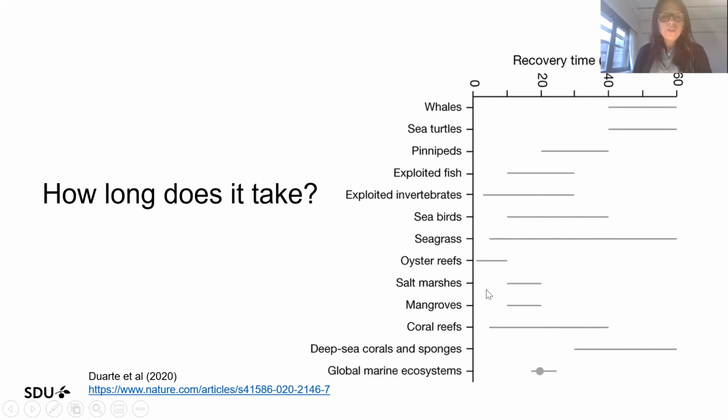Salt marshes grow fast, on the scale of 20 years, but until they provide the CO2 storage part, that can take up to 100 years. So there are huge variations, and the more you study, the more you know and can estimate this time better.